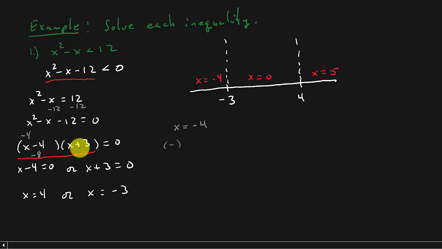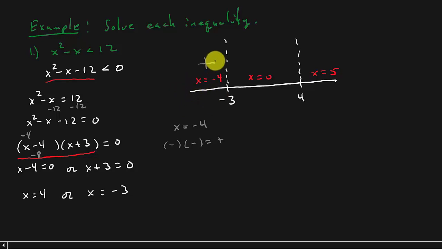And then if I plug the negative 4 into here, negative 4 plus 3 is negative 1, okay? So you can see this is going to be a negative times a negative. That's what I have right here. So a negative times a negative is equal to a positive.